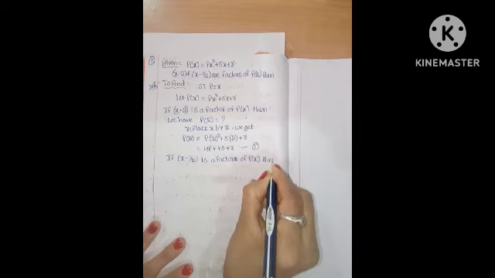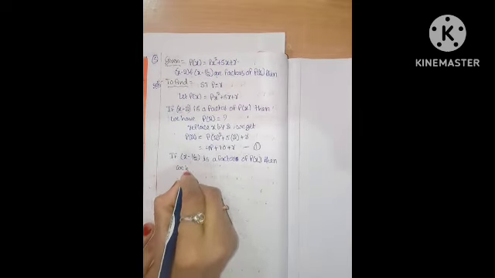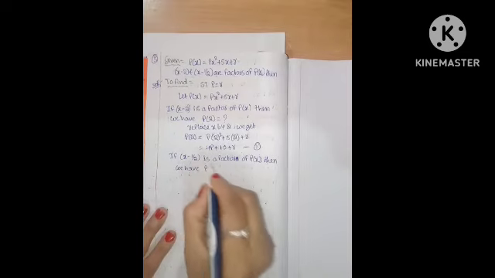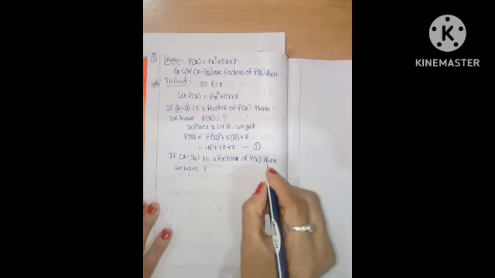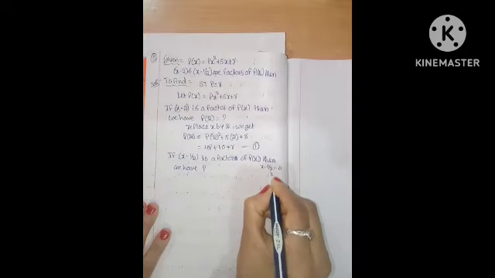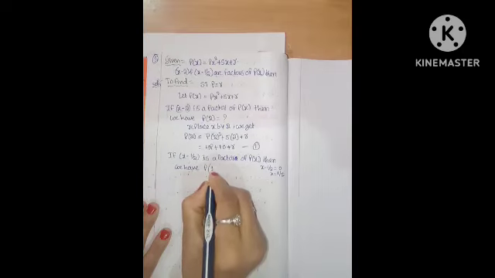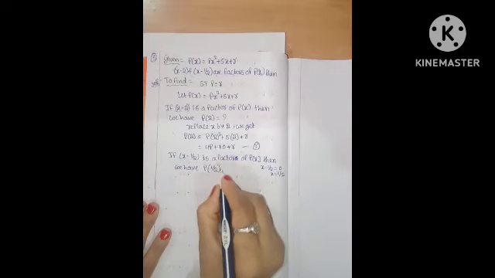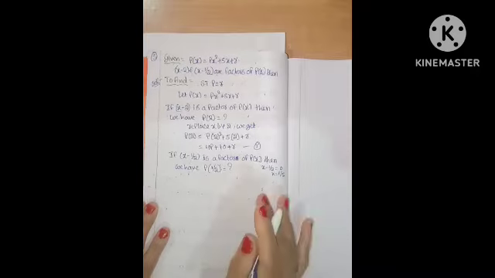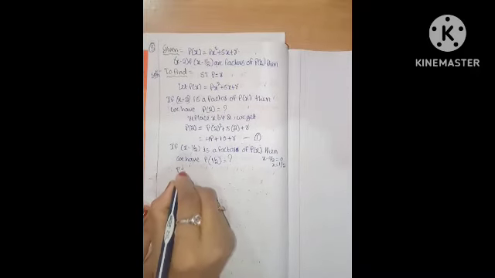Then we have x minus 1 by 2 equal to 0. It is nothing but x equal to 1 by 2. So we put x equal to 1 by 2. How do we calculate that?